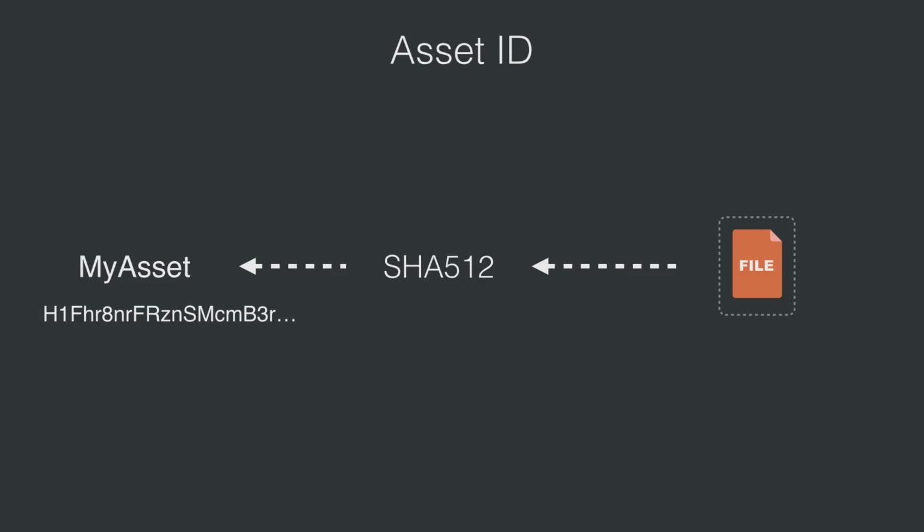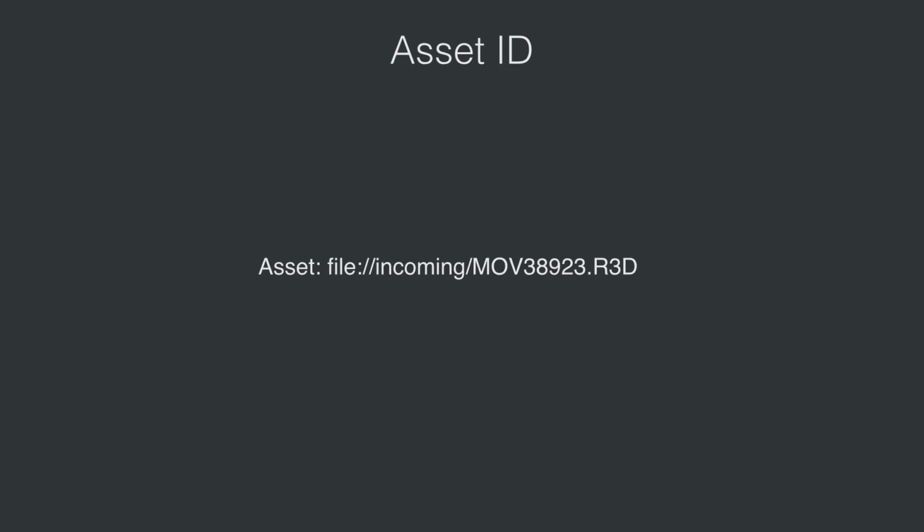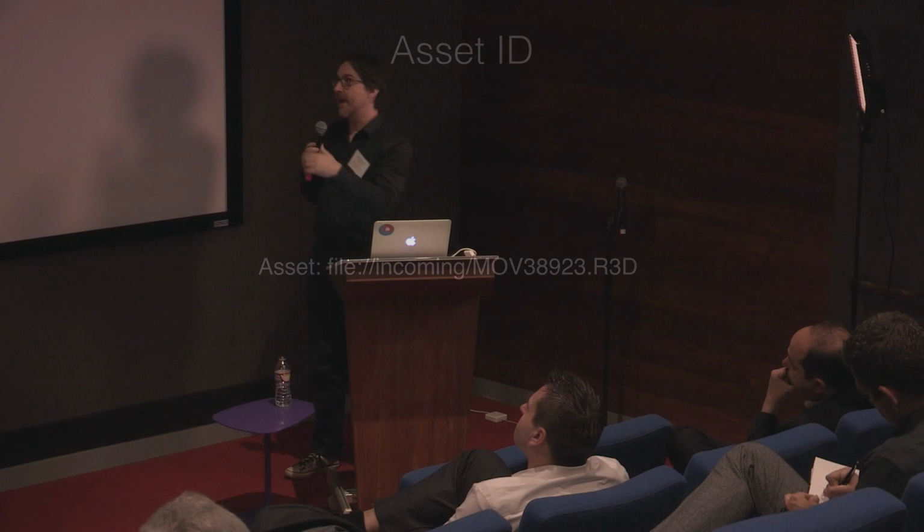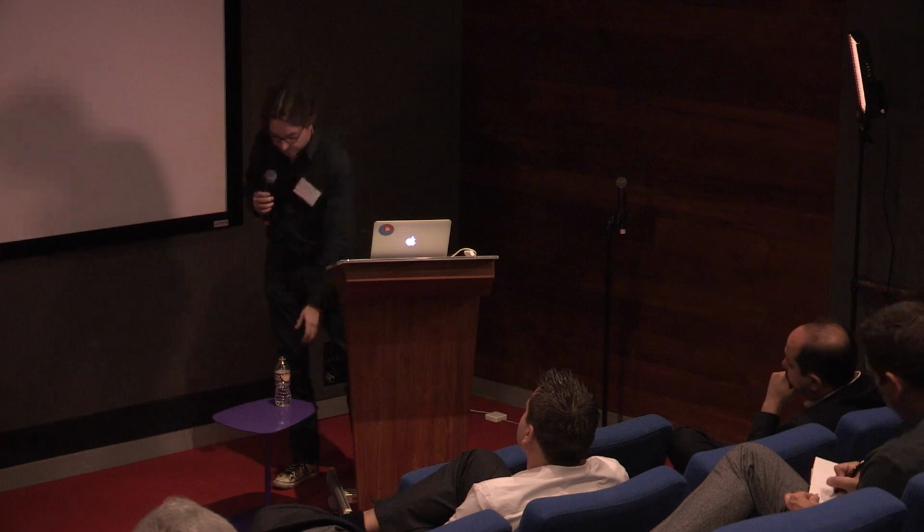So this is a literal line of C4 script. It's this simple. It actually should say my asset. Anyway, so imagine on the left where it says asset colon, it says my asset. So we are assigning that variable, if you will, that result, my asset, the ID of file slash incoming movie R3D.